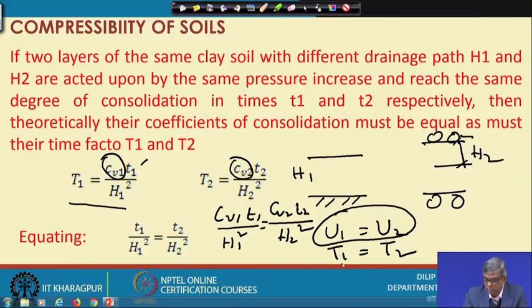Since it is the same soil, C V 1 equals C V 2. So, ultimately what is left? t 1 by H 1 square equals t 2 by H 2 square.